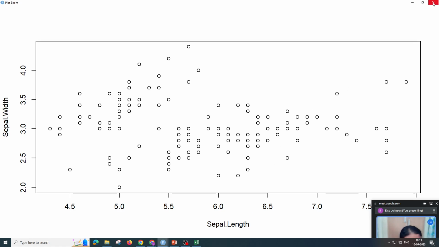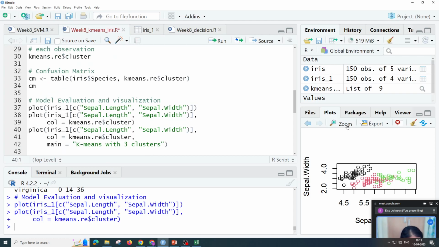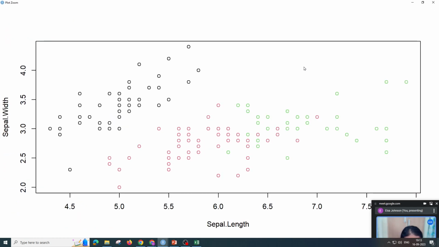Now we will see how it looks with the cluster. This is how it has been clustered. Right now we have taken only sepal width and sepal length. This is marked with black, then red and green. These are the different classes.